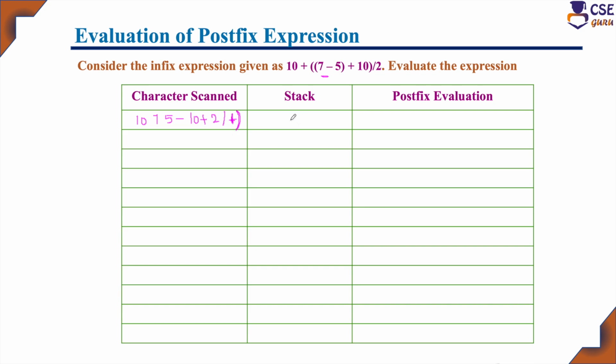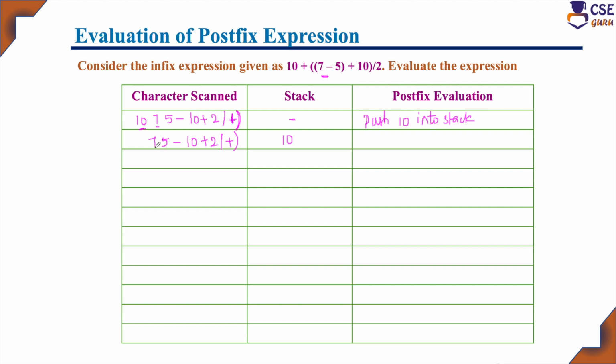Initially nothing will be in the stack. The first element here is 10. It is an operand, so push it into the stack. The remaining input characters are 7 5 minus 10 plus 2 division plus. And 10 you have pushed onto the stack.